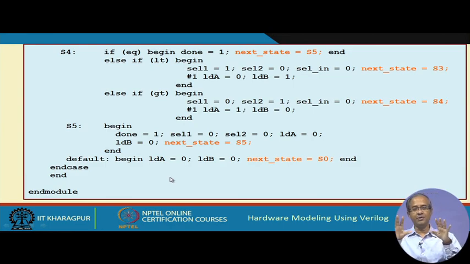So, you see there are two always blocks which are running in parallel. One will be a clock controlled block, which whenever the clock comes, will just put the next state into state, and the other block is not clock controlled, it is controlled by state.